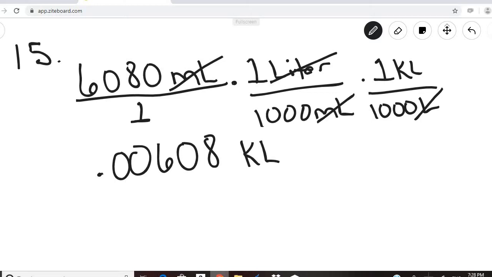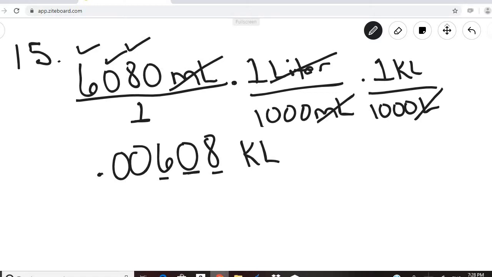And if we look at our answer here, the 6 and the 8 are significant. And this 0 would be significant because it's between two significant figures. So we can have 3 significant figures. So this answer would be fine. The first 2 zeros are not significant. The 6 and the 8 are significant because they're non-zeros.